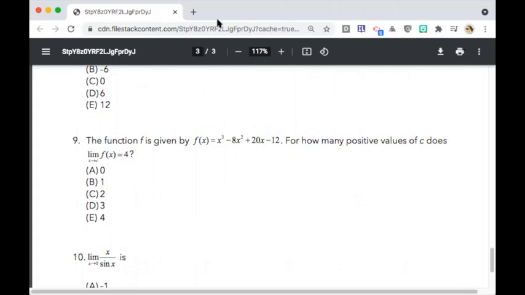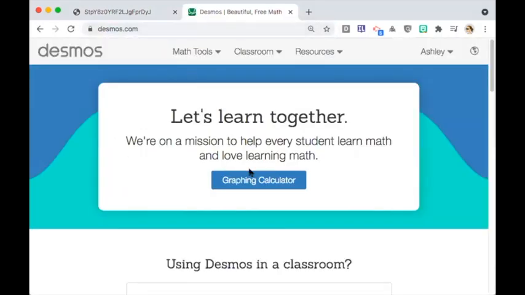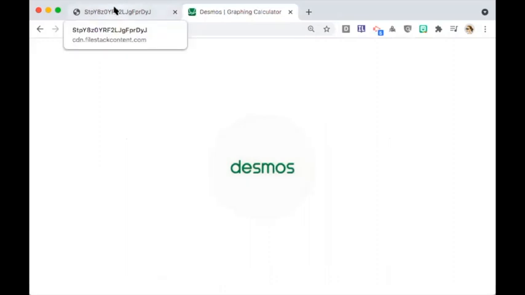And so we're actually going to pick up calculators this week, just in case some of you guys need to figure out how to do that. And so right here it says, for how many positive values of c does the limit equal 4? So that means from the left and right side, it's going to be approaching 4. So let's open up a Desmos and put that in there.